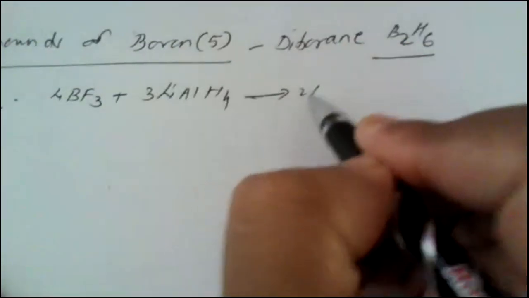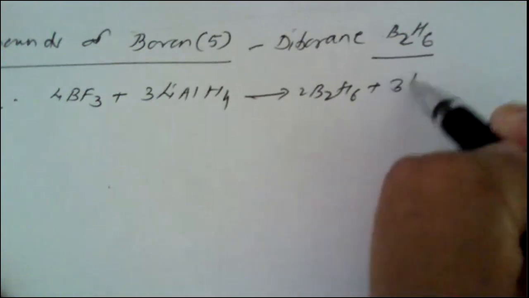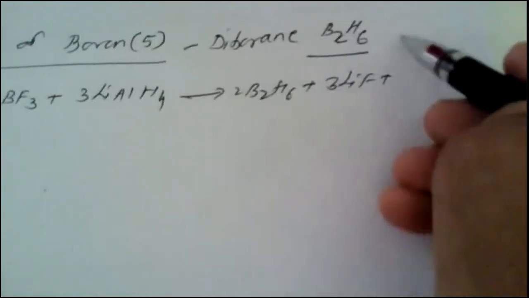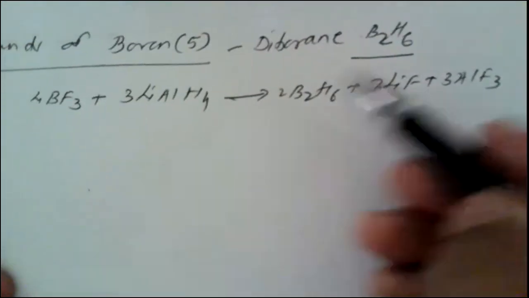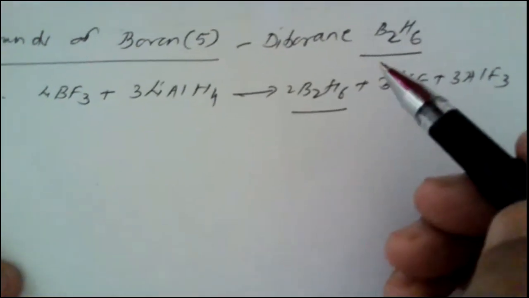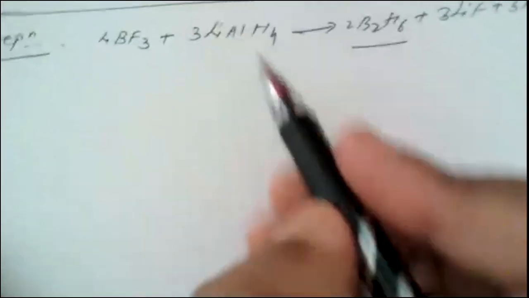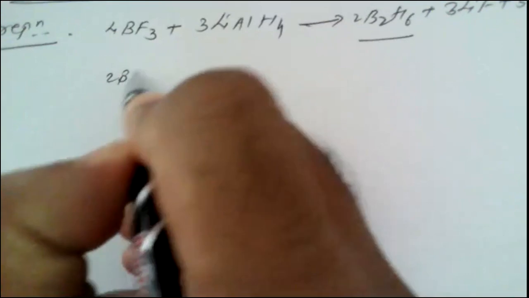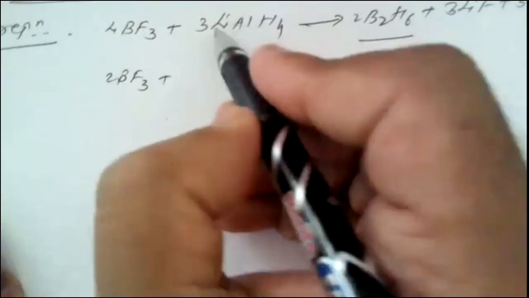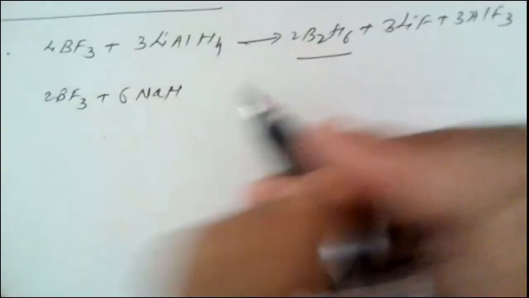It gives our required product B2H6, that is diborane, with lithium fluoride plus aluminum fluoride. So this is how one can synthesize the required product, diborane. On a large scale in industry, diborane can be prepared by using boron trifluoride with sodium hydride, that is NaH.